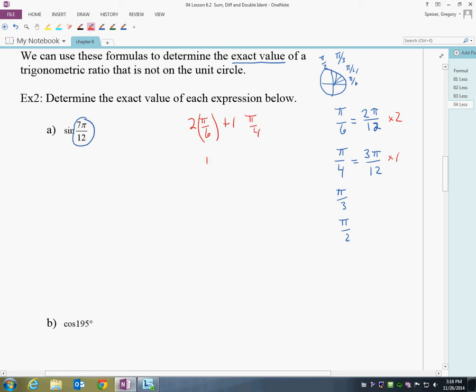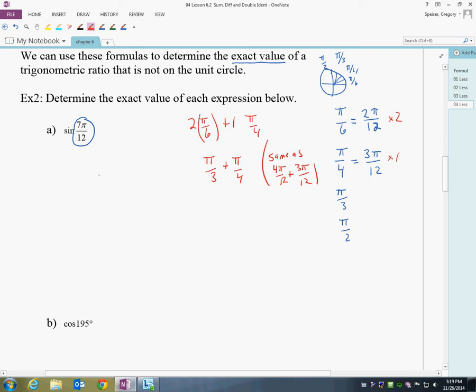Or in other words, I could do pi over 3 plus pi over 4. And just to think of this in terms of twelfths again, that's the same thing as 4 pi over 12 plus 3 pi over 12, and that adds up.